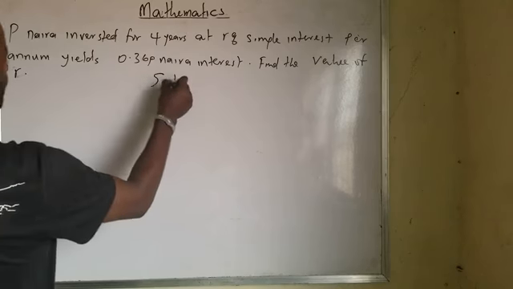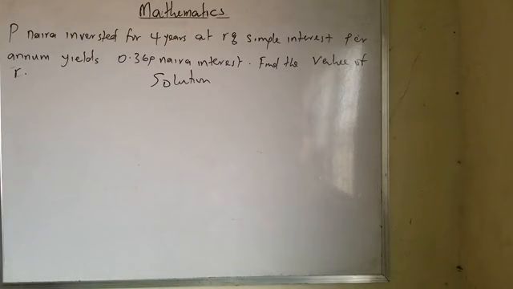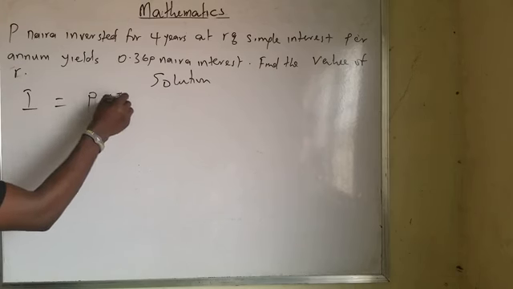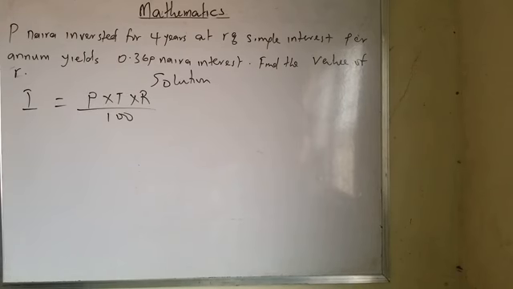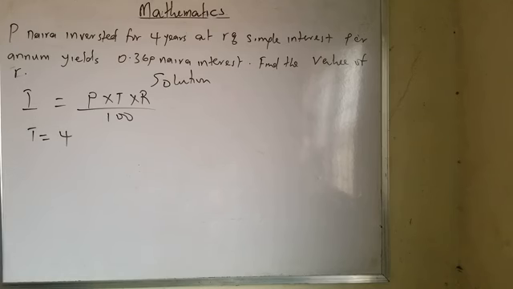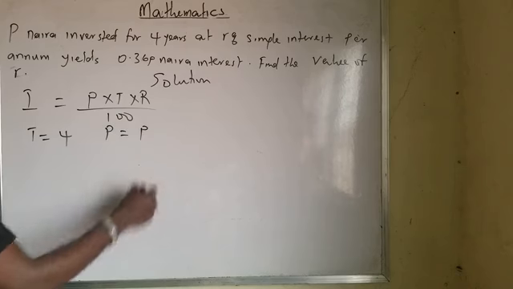Now, solution to this problem. When you have something like this, don't forget that we are still talking about interest equals principal multiplied by time multiplied by rate divided by 100. Take note of that. Now, the T is 4. Principal is P himself.